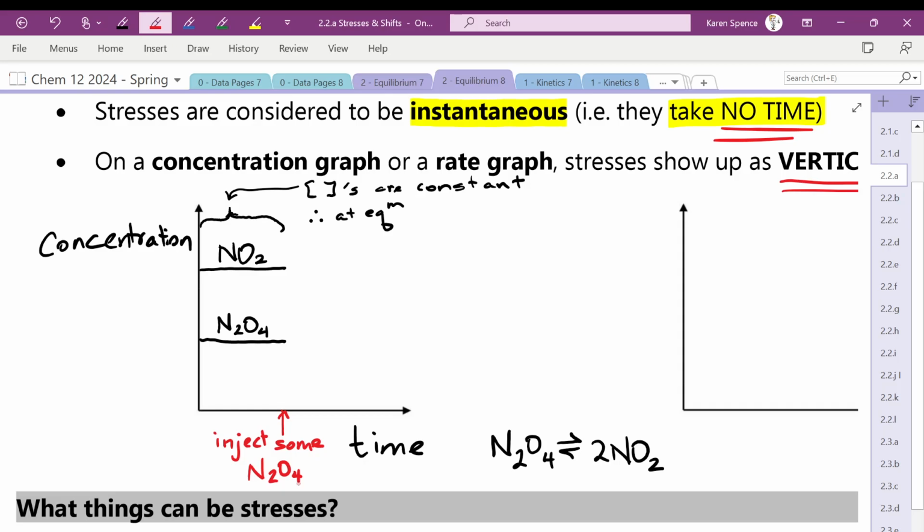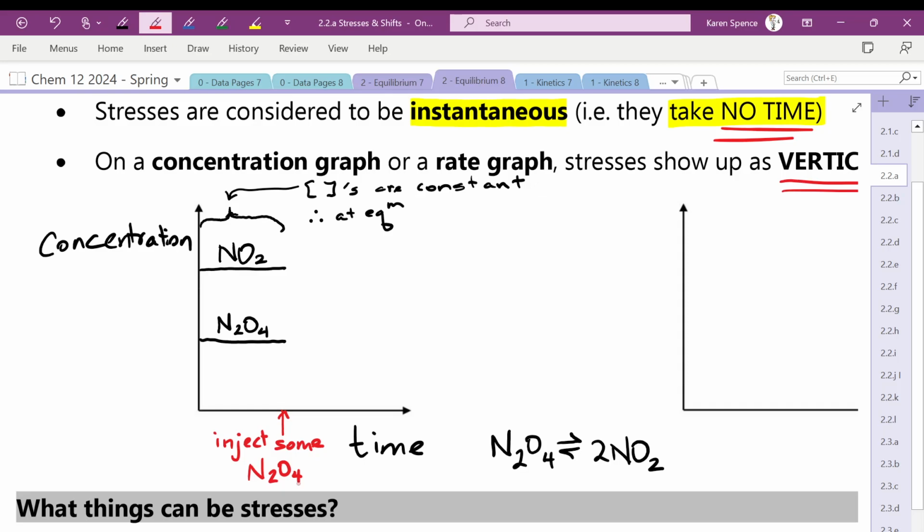And in case you're like, what do you mean you're going to inject some N2O4? I emptied these out since yesterday because the gas eats away at the rubber stoppers. So if we want to keep our rubber stoppers in good condition, we don't let them sit there exposed to that gas for too long, okay?